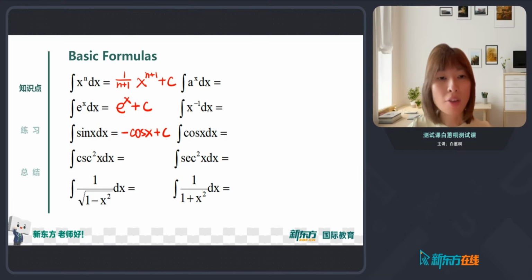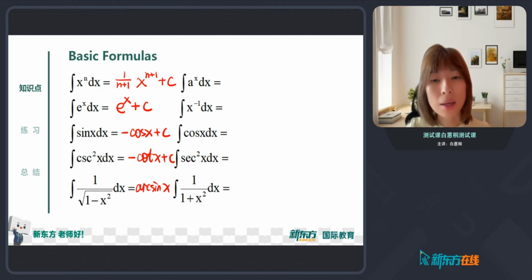And then for the integration of cosec x squared, we just write down negative cot x plus c, that's it, okay? So that is the very typical formula for arc sine, right? So it's going to be arc sine x plus c, okay?